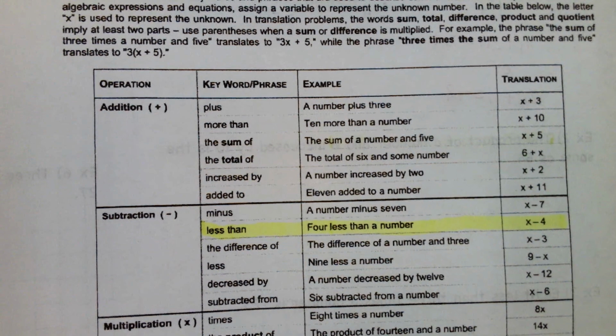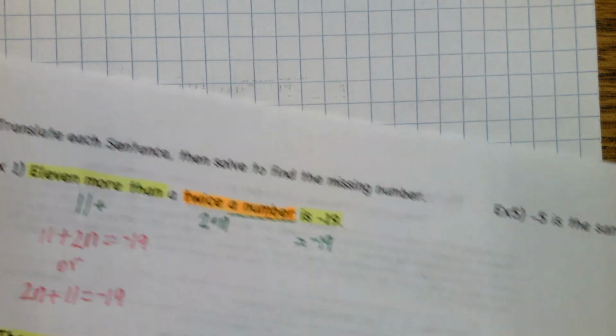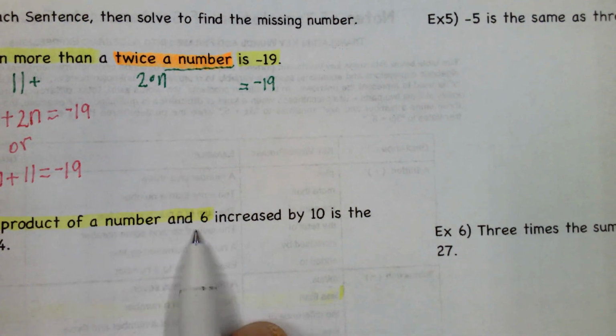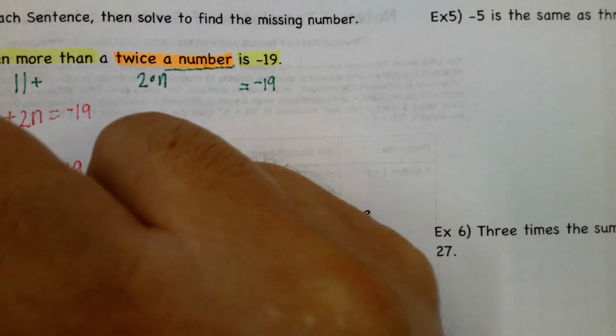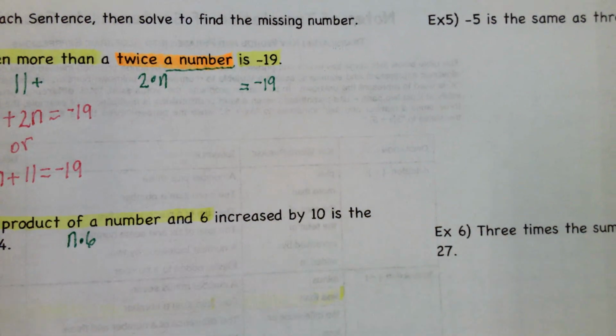If we look here under multiplication, product tells us what to do. So that's telling us to multiply. And the things we're going to multiply are a number and 6. So this would be n times 6.